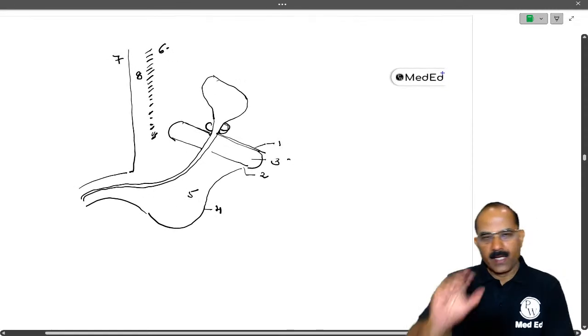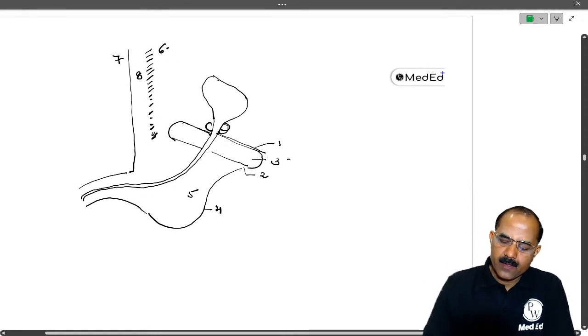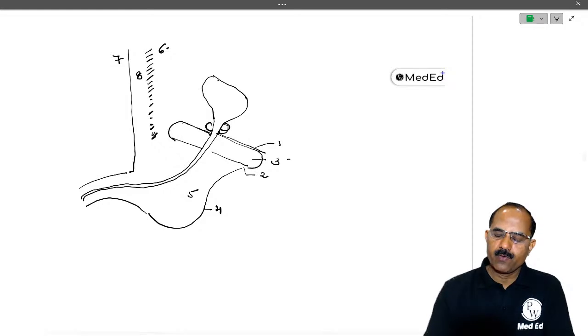What is number 1? एक मिनट, just let me write it down. Number 1 क्या है बच्चों? Can anyone tell me what is this number 1?